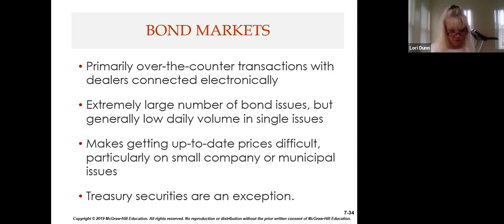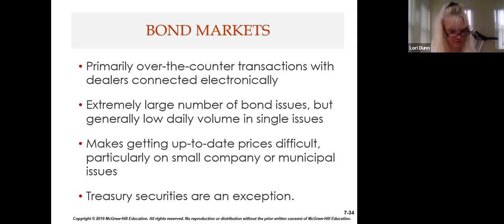So although there is a large number of bond issues, there's not a lot of trading. So it's very hard to get up-to-date prices on bonds, especially on small company or municipal issues.